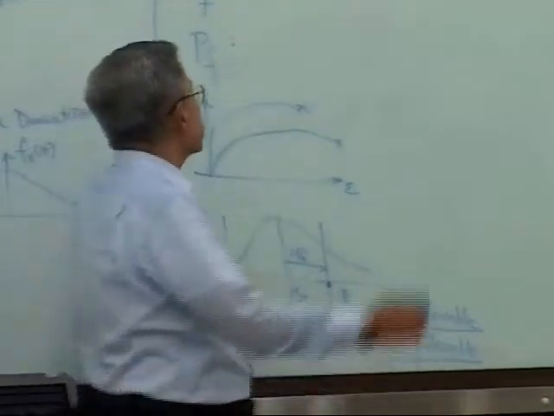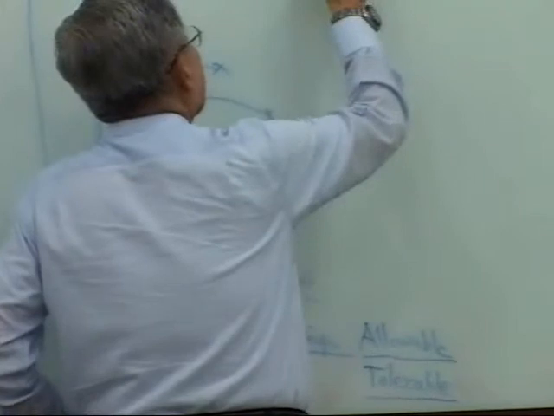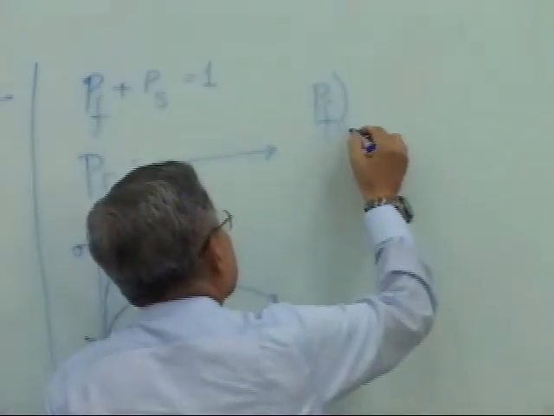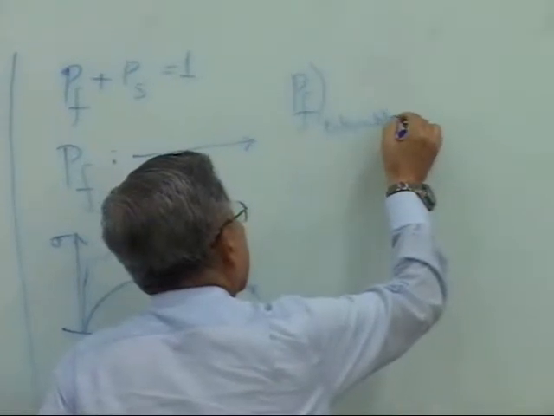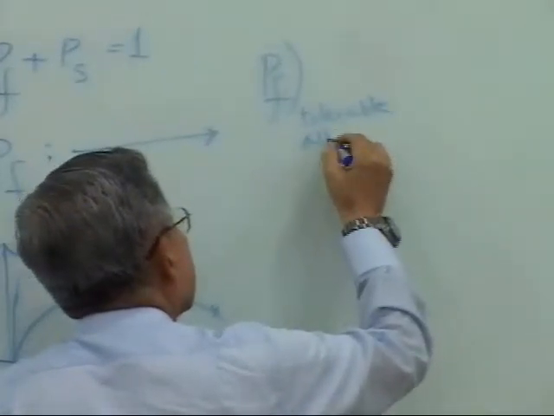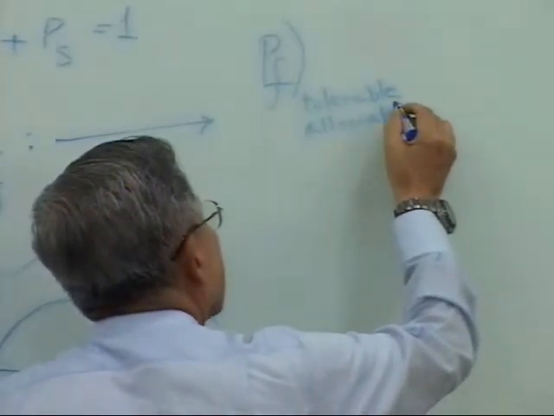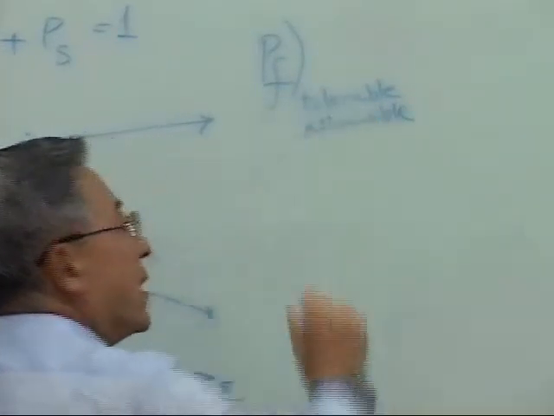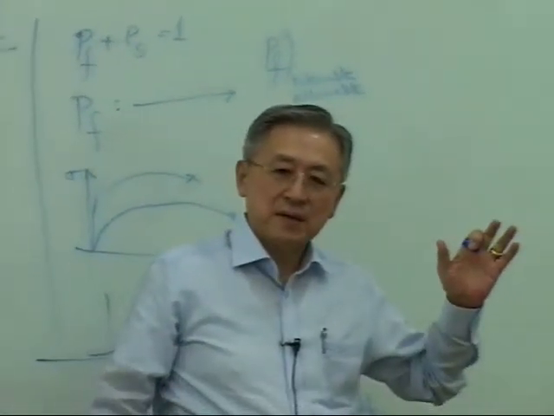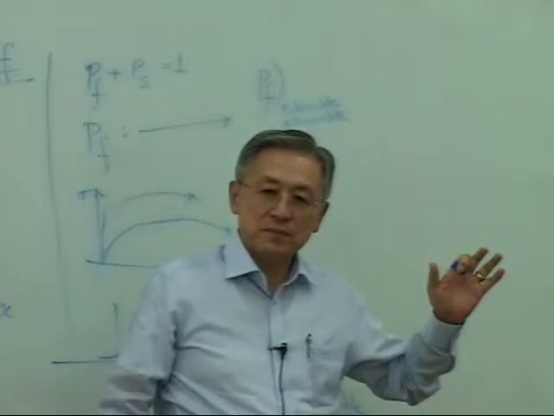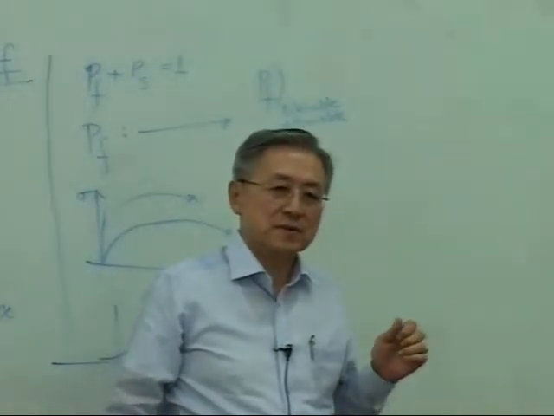So for the probability of the failure, the question is, what's a tolerable or allowable probability of the failure? I'm designing my building, my ship, whatever, offshore structure.